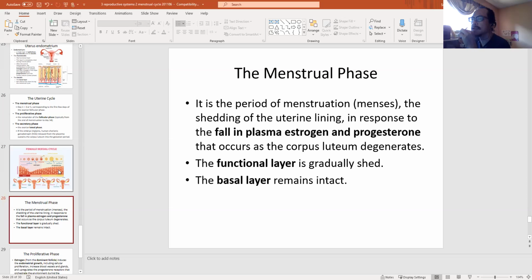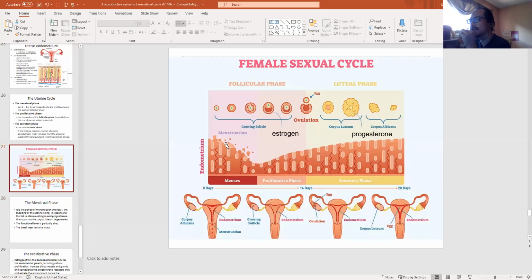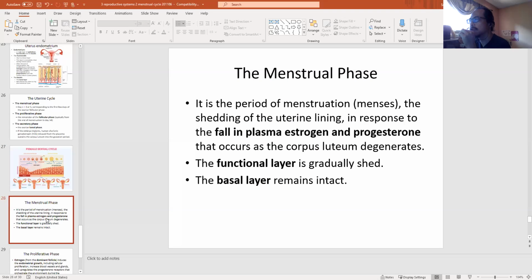When there is no implantation, the corpus luteum degenerates, and there will be no estrogen and progesterone, and without those, they cannot sustain this layer. It will collapse, and the functional layer is shed, and the basal layer remains intact.